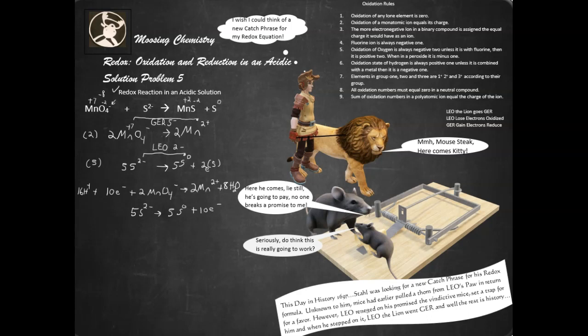So now we have 10 electrons on opposite sides. So what we're going to do next is get rid of those electrons. So let's go ahead and cancel out those electrons on the opposite side. So that takes care of that problem that we have.